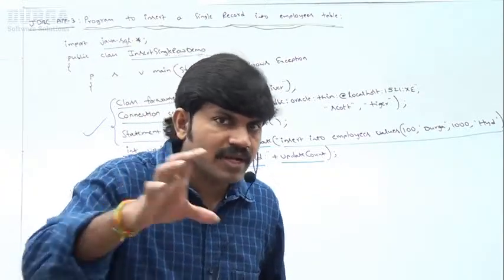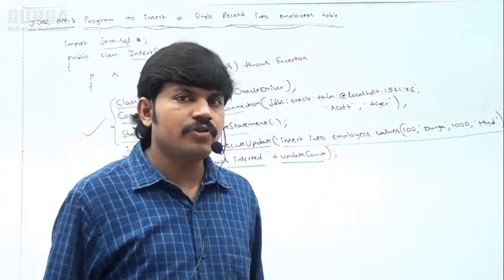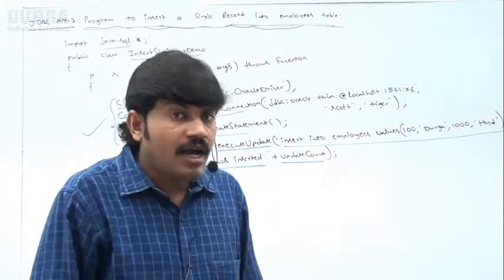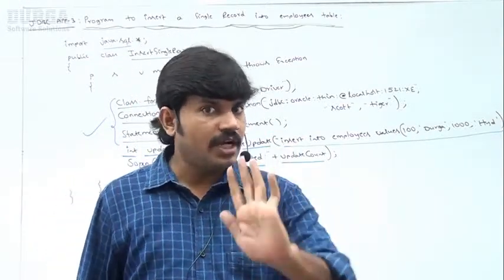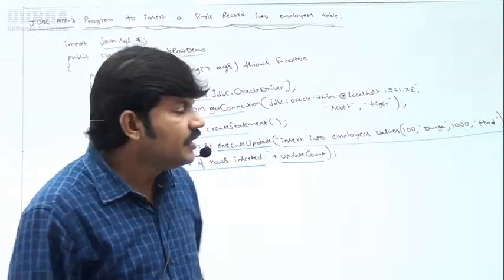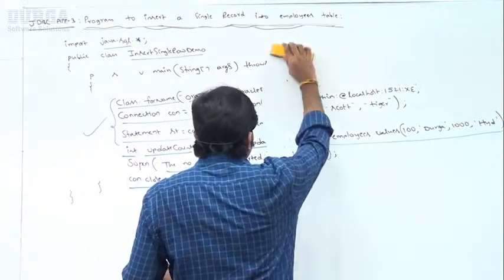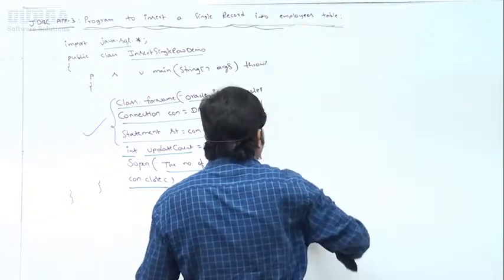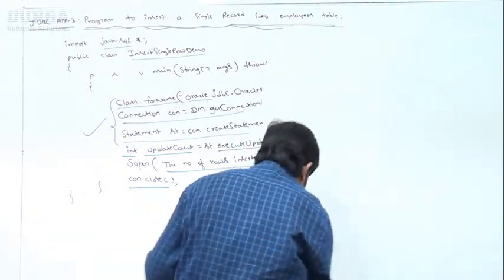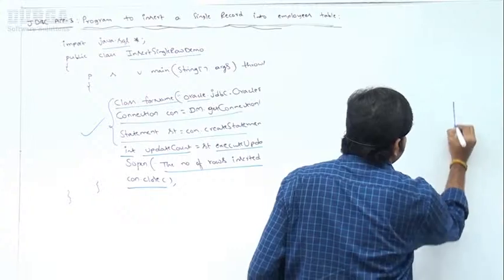From the SQL command prompt, you can directly execute an insert query. Or from a JDBC Java application, you can perform operations on the database. In how many ways can we perform updations to the database? Two ways. Observe that. This is my database.